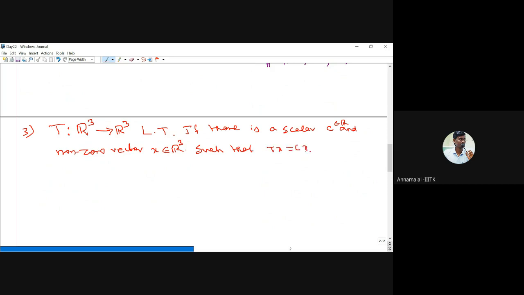That means c is the eigenvalue, and the corresponding eigenvector is x. Then the question is, what is the rank of T minus c times identity?